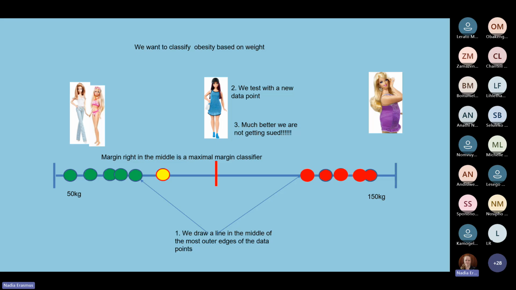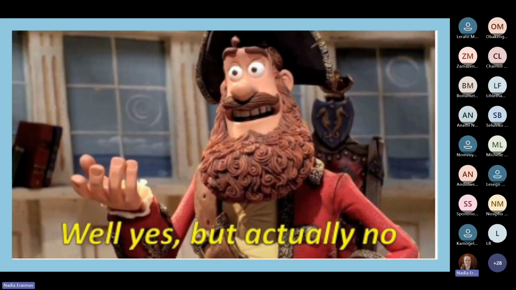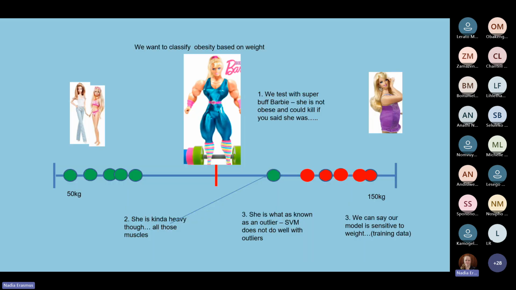So let's actually see what's happening. What happens if we have a very fit Barbie? All of the muscle weight means that this Barbie is very healthy, but they classify her as obese.